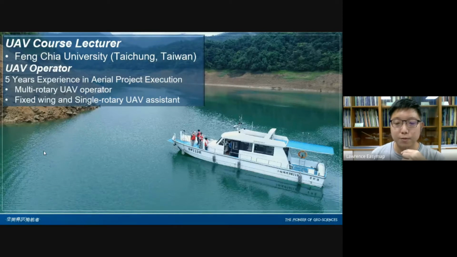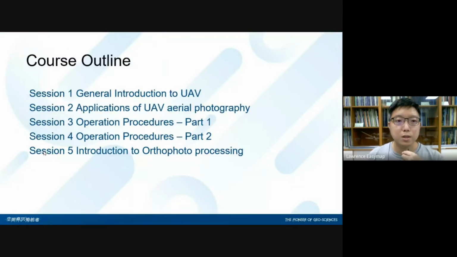So for some of you, you may not have a very clear understanding about what kind of UAV it is. So I will talk about it and cover those topics in the following slides. Here is the course outline. There will be 5 sections. Section 1 is the general introduction to UAV.